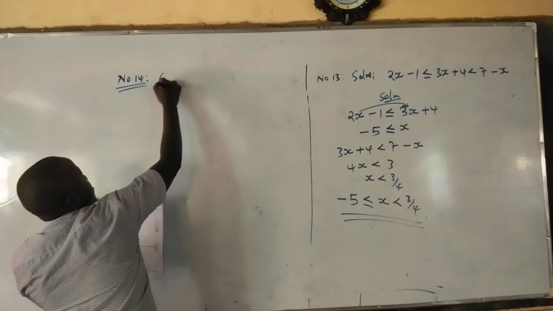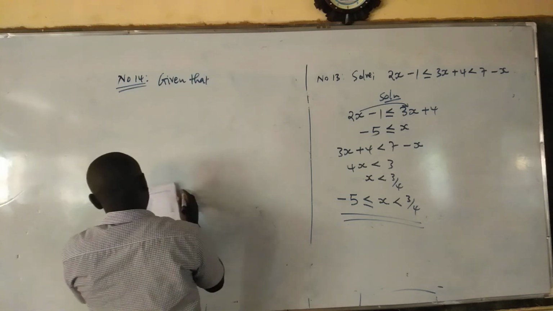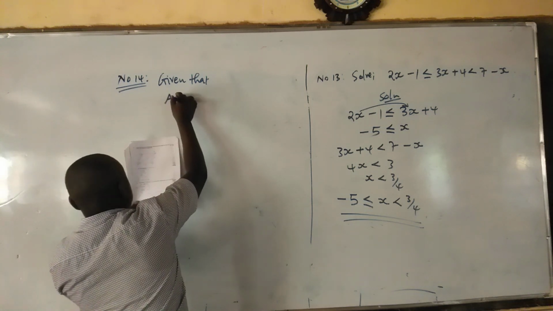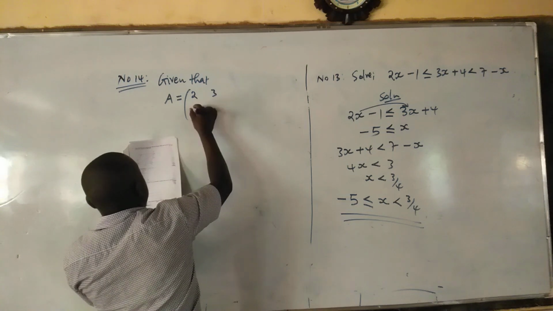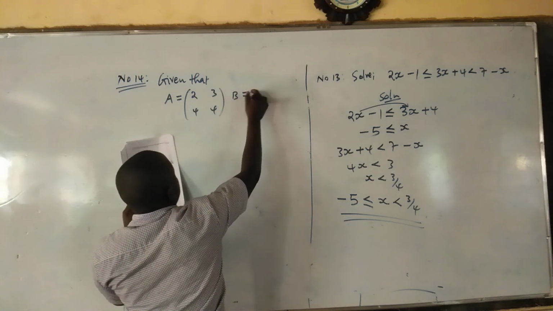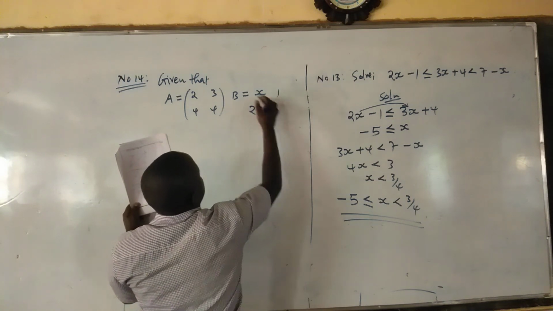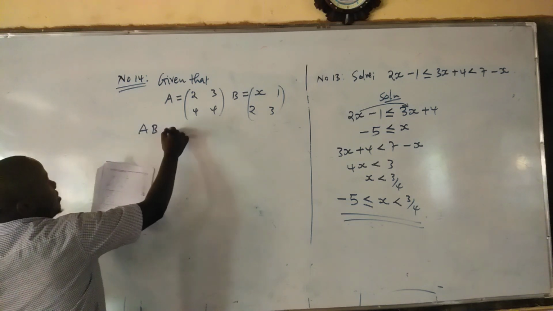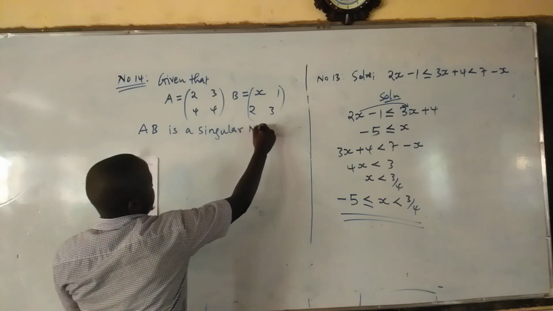Number 14. Given that matrix A is equal to 2, 3, 4, 4, and B is equal to x, 1, 2, 3, then we are told AB is a singular matrix.